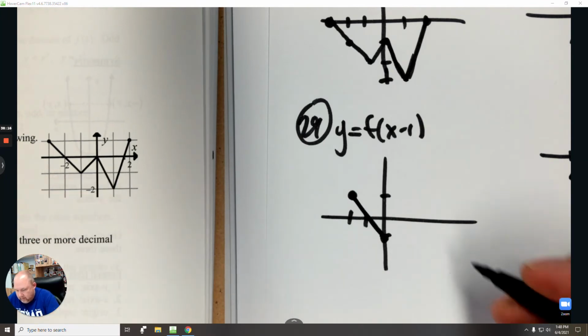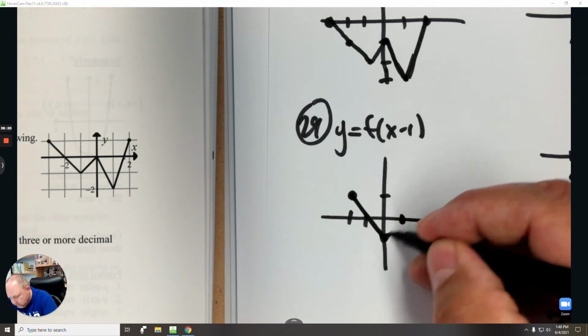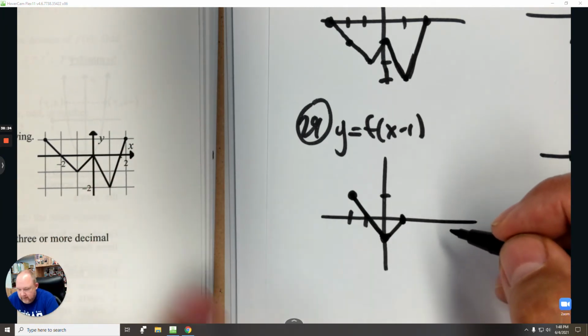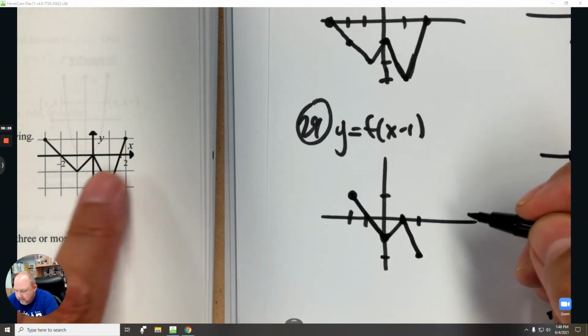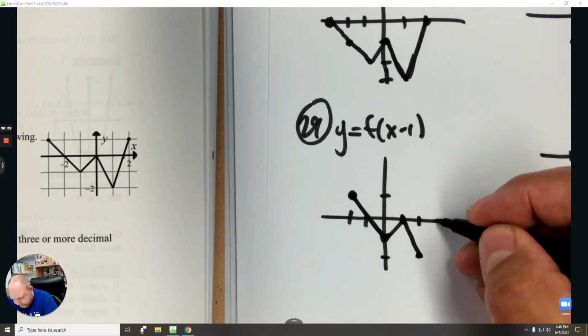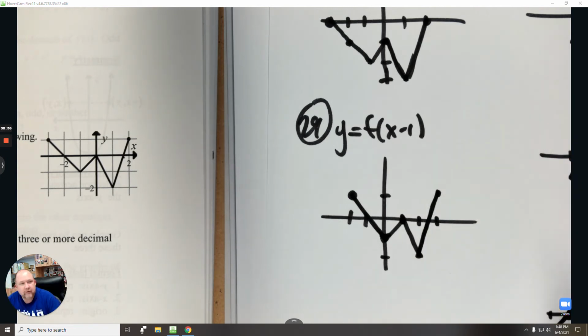To the right 1, that becomes 1, 0. To the right 1 becomes 2, negative 2. And then to the right 1, that becomes 3, 1. So it's the same picture, it's just that everything's been shifted to the right 1.